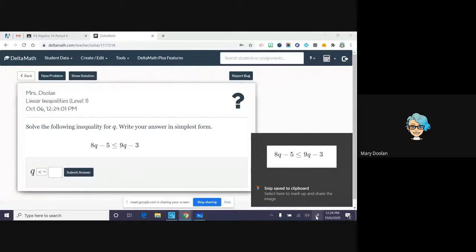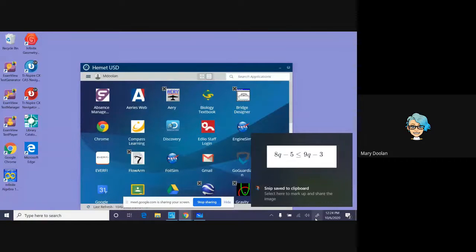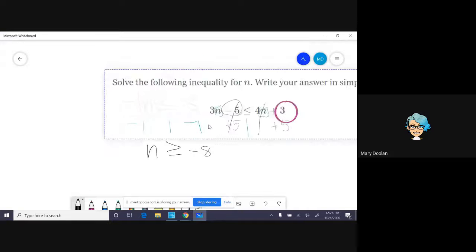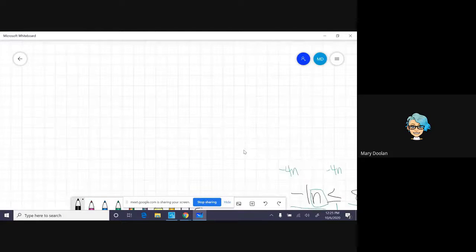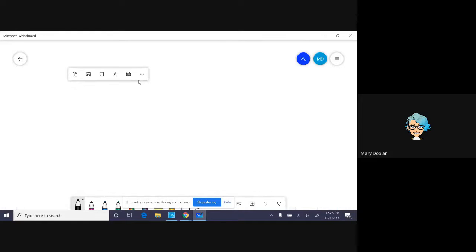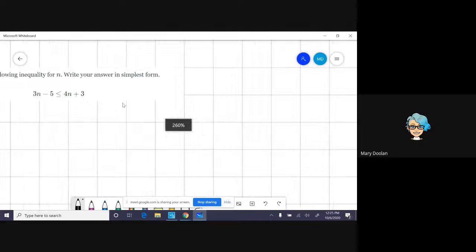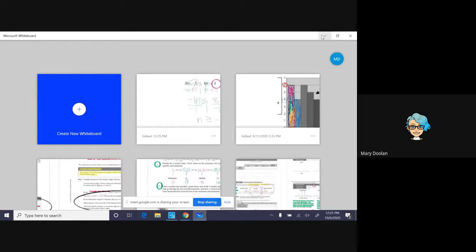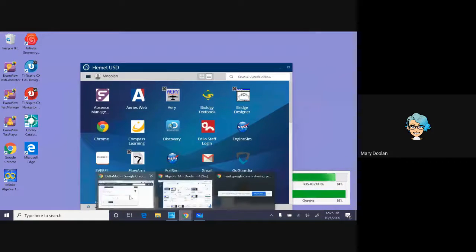I don't know why it's not popping up. Whiteboard, go away. Oh, I know why. There it is. Okay, so let's move that. And let's paste our problem. Nope, that's the same one. So I didn't copy it. Let's try again.